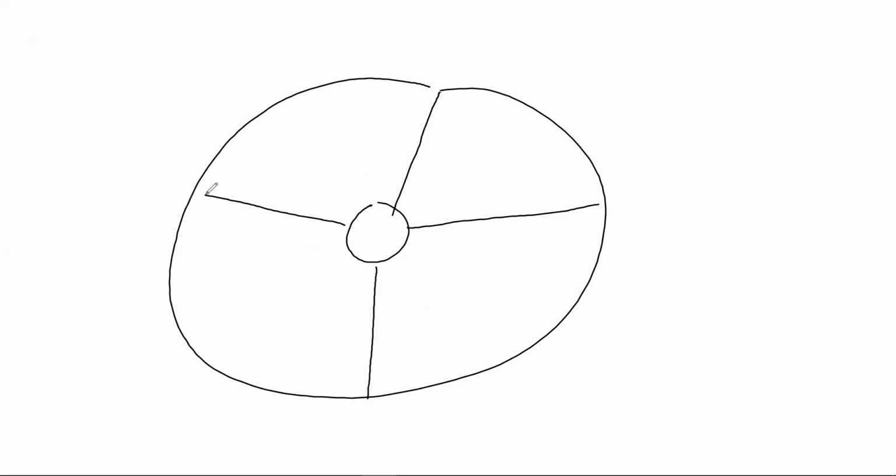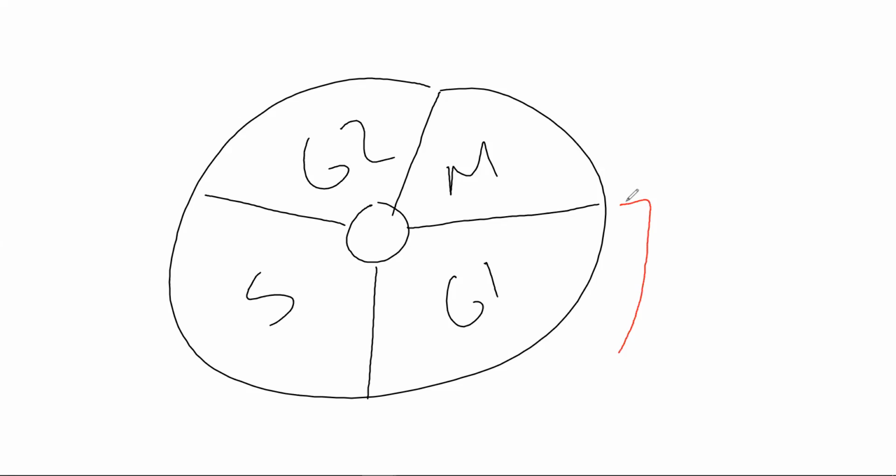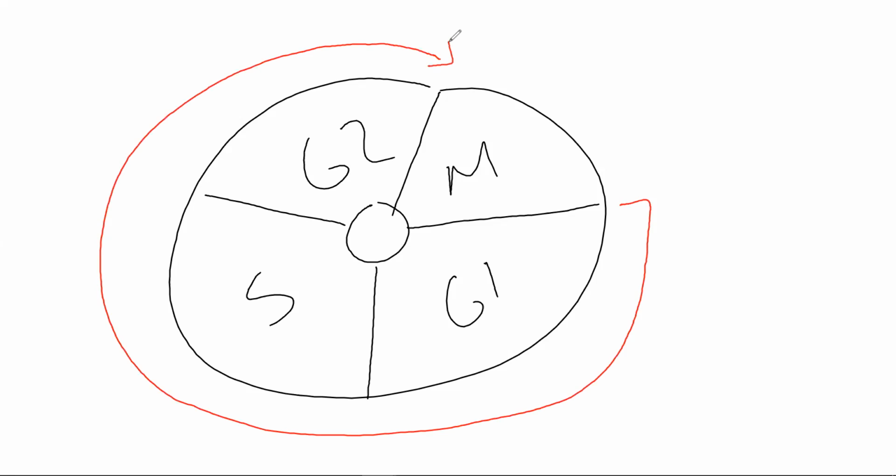It is divided into G1, S, G2, and mitosis, which I'm going to label with an M. Now, mitosis has its own processes, but G1, S, and G2 belong to the interphase.